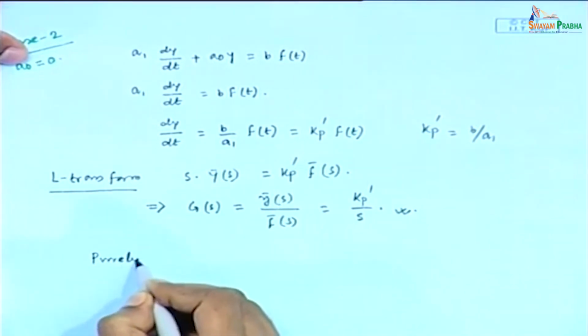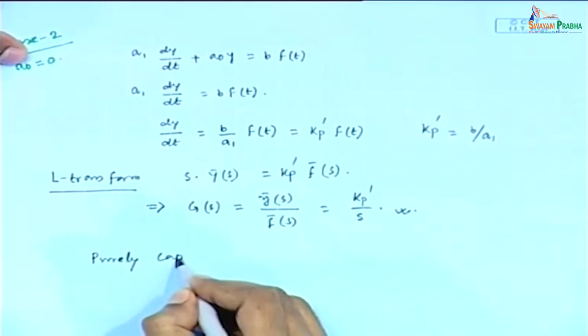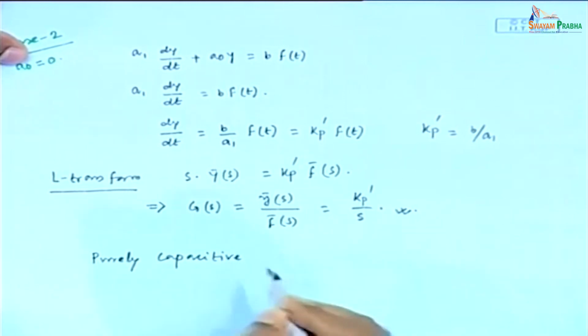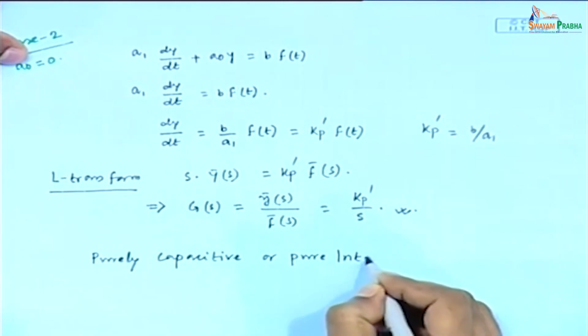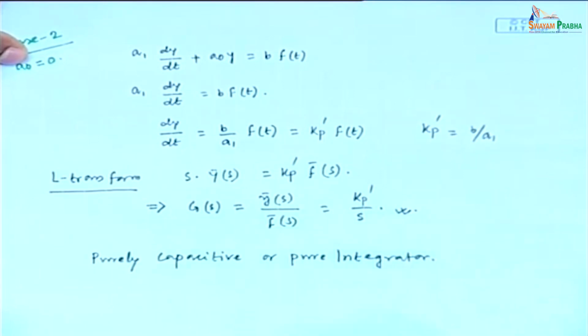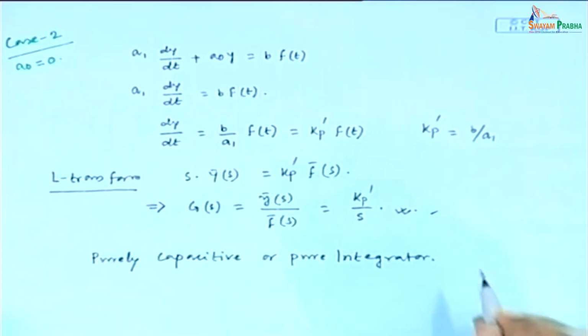Now, these type of processes are called purely capacitive or pure integrator. For example, first order system with a naught equal to 0, we got this transfer function, and this type of process is called pure integrator.